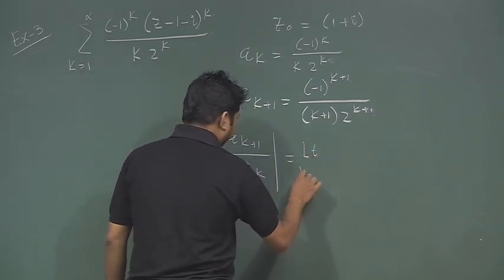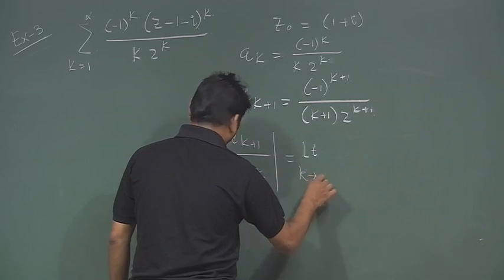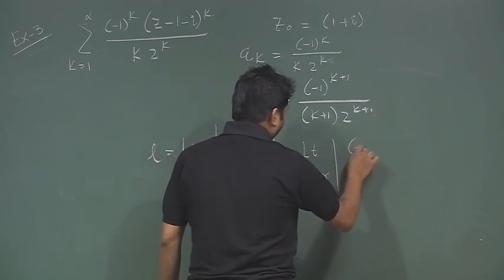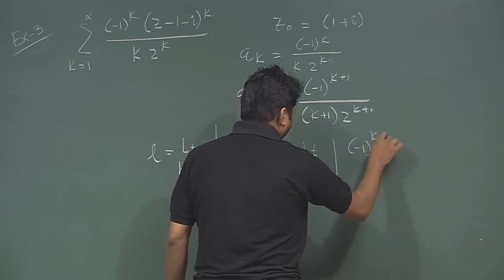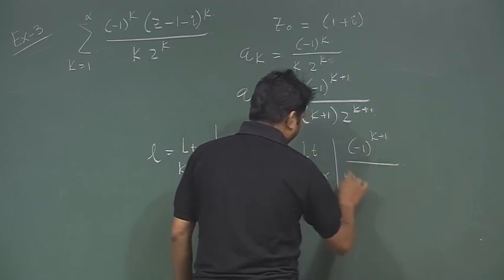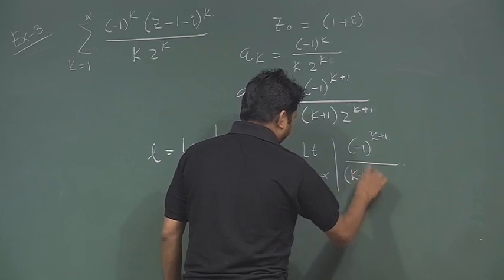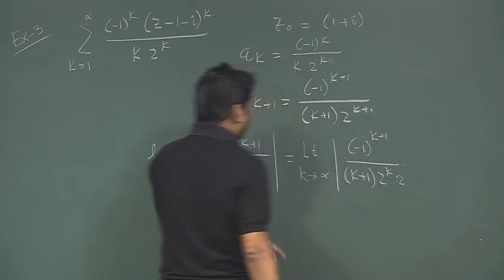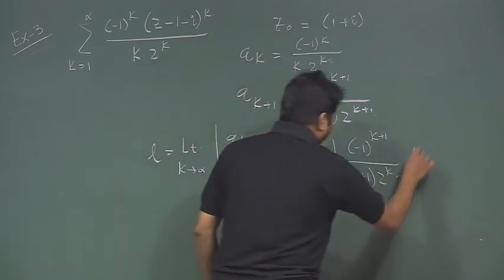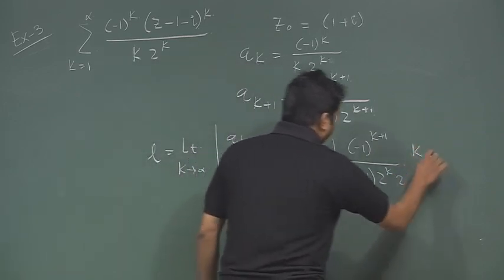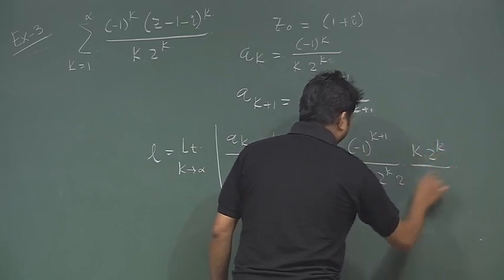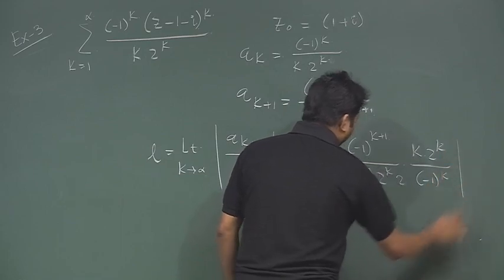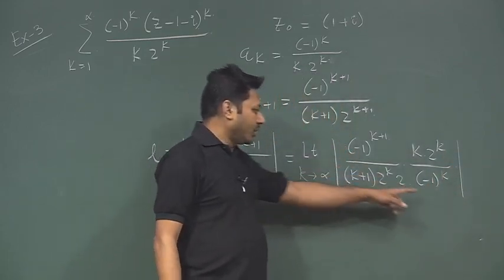So, the limit as k tends to infinity: minus 1 whole to the power k plus 1 divided by k plus 1 times 2 to the power k into 2, and then a k is k times 2 to the power k divided by minus 1 to the power k, with modulus. Since we are using the mod, I should not bother about this sign.